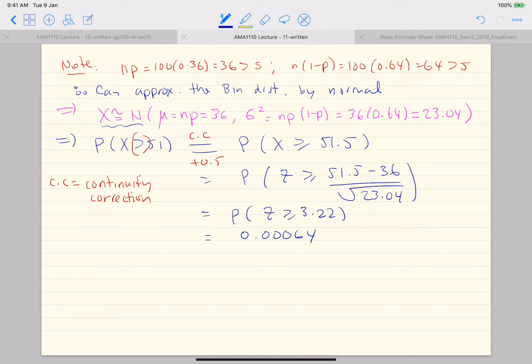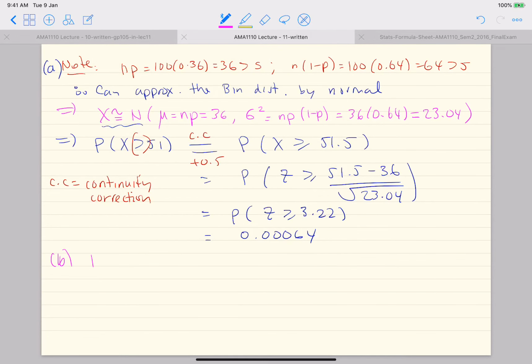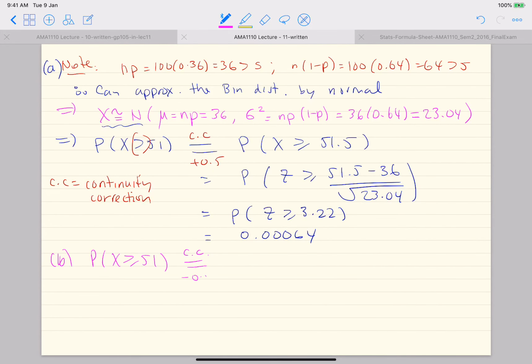So this is our A solution. Remember, we also have a B question where we want to calculate the probability that you land at least 51 heads of the unfair coin. Here, the continuity correction by our rules is minus 0.5. So let's calculate the probability that x is greater than or equal to 50.5.